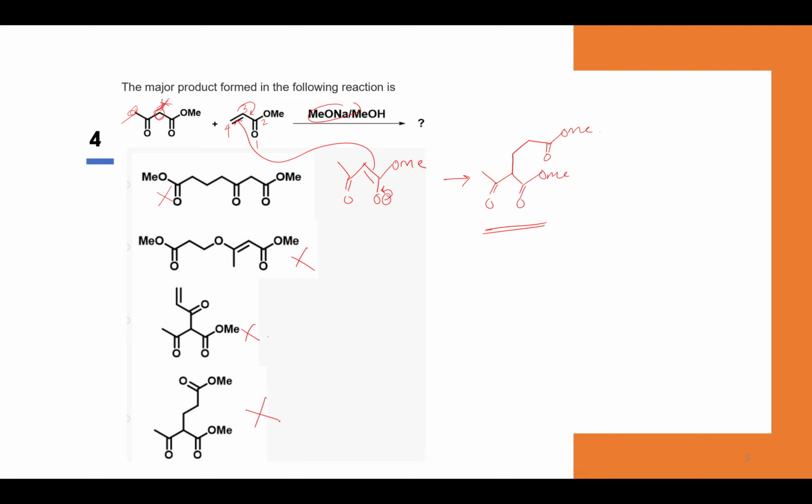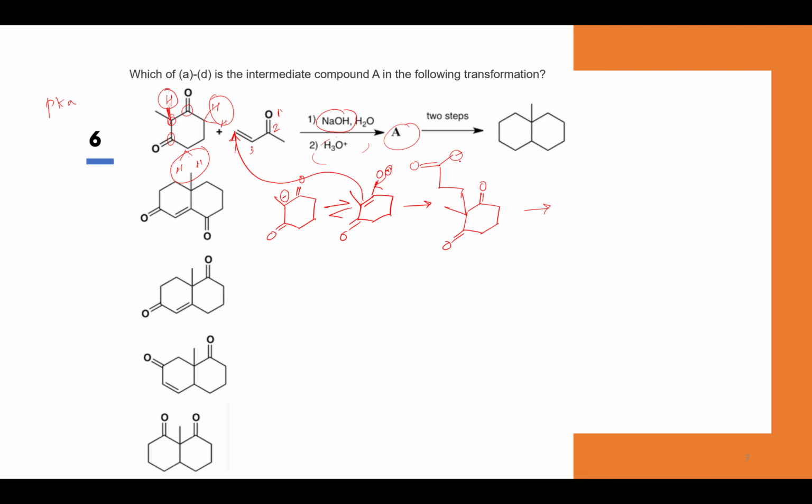Then after this, this is not the actual intermediate A. Further reaction will take place because here we have H3O plus also. So in this case, what happens again? Proton abstraction will take place from here. Enolate will form, and this will attack on a carbonyl center, either this carbonyl or this carbonyl.